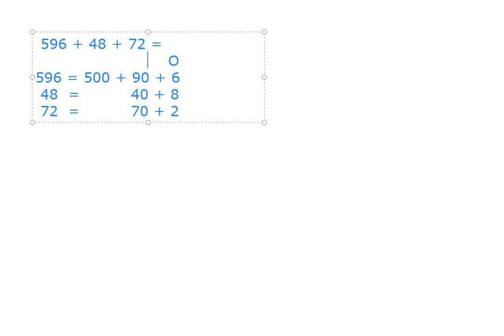This is the ones place, this is the tens place, and this is the hundreds place. So we have 3 columns: ones, tens, and hundreds.